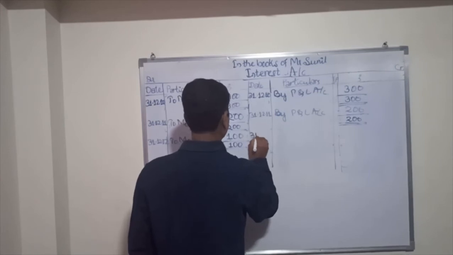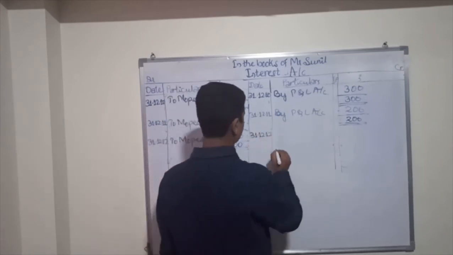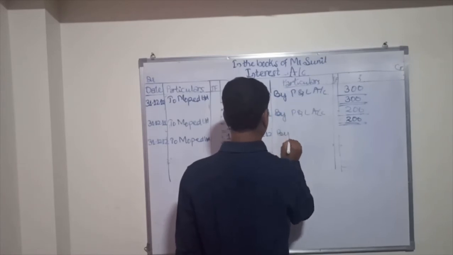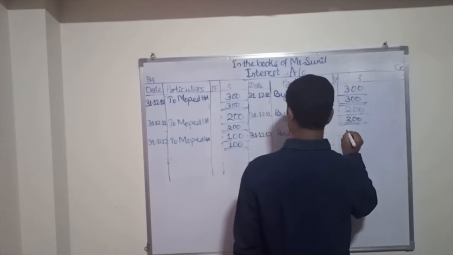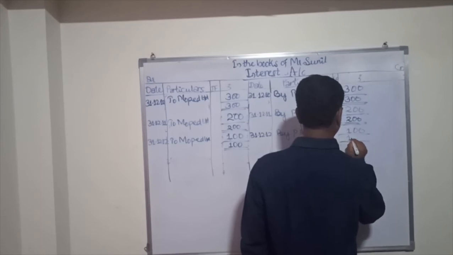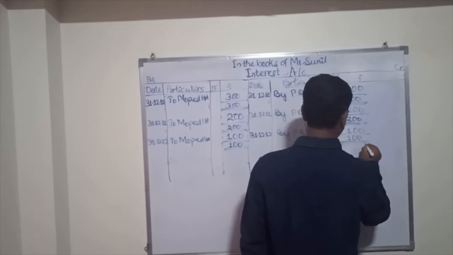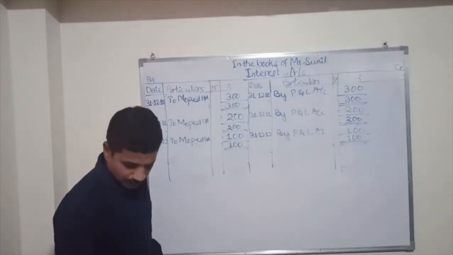When this is transferred to the P&L account on 31st 12 2012, the entry will be profit and loss account debit to interest account. So interest account is credited by P&L account, 100 rupees. This is how the interest account is prepared.